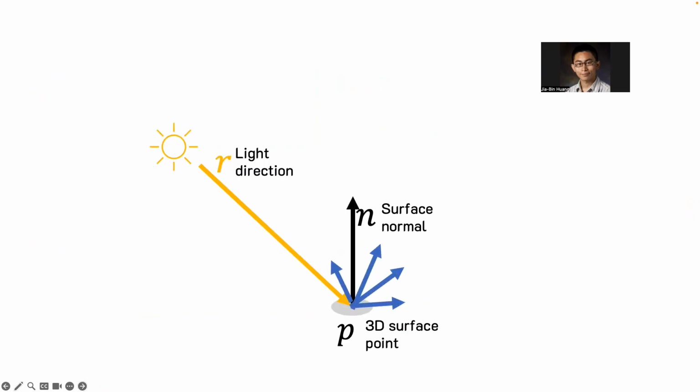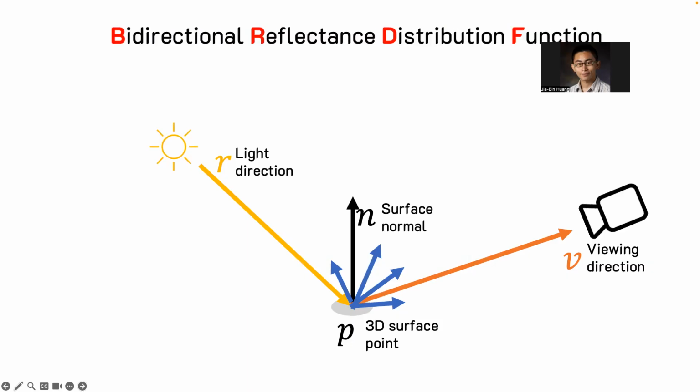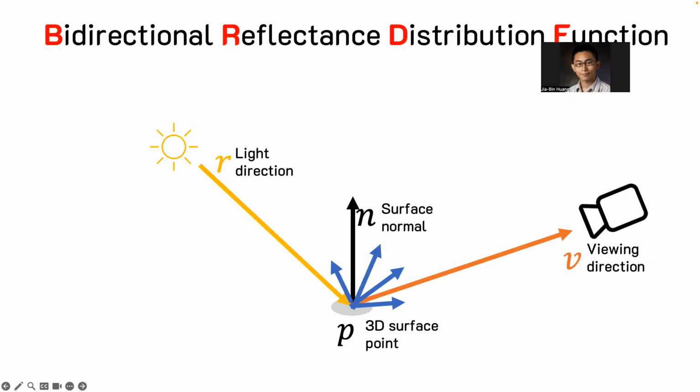So you have a surface, you have light source bounce off this 3D surface, and some of it will be received by the observer, right? So you have an observer viewing direction, and the most general form of this is called the bidirectional refraction distribution function. Okay, it's a fancy name.